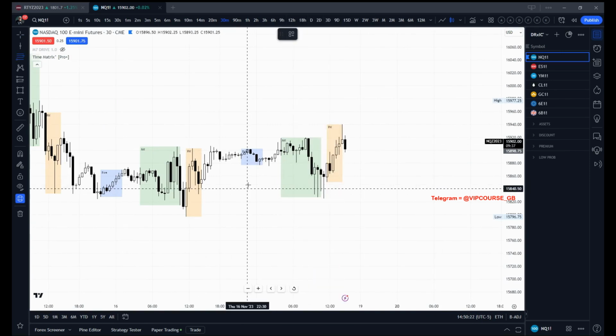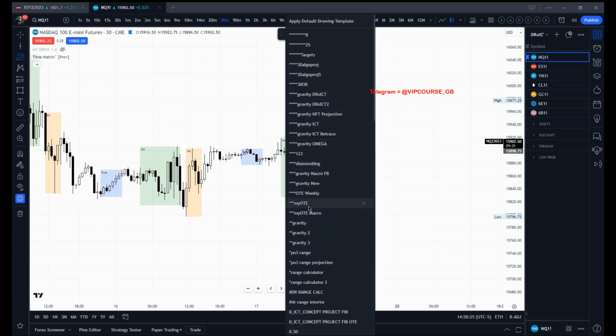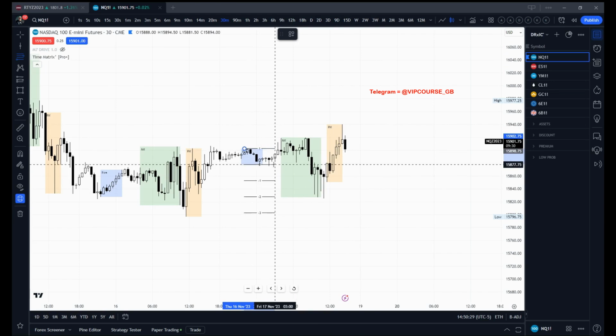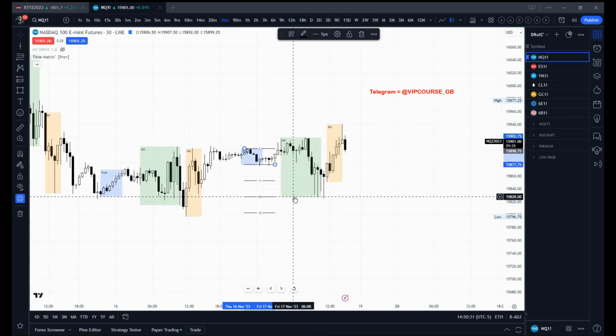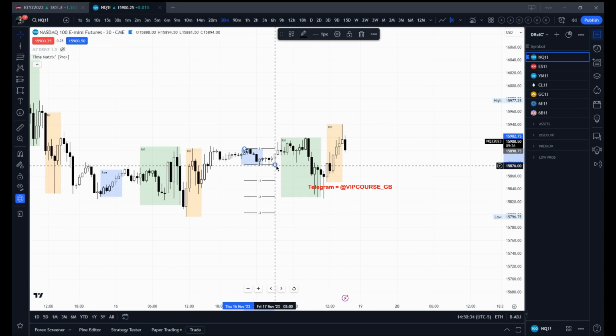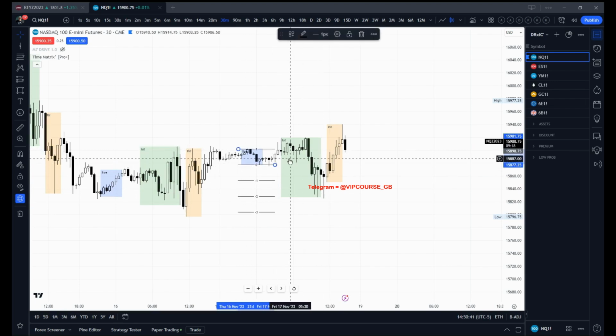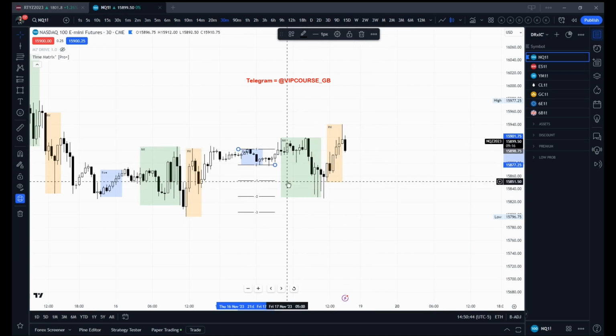Let's use gravity ICT. We'll use gravity because I think that's going to work best. To a tick. Pre-market helps us define ideas within the AM.